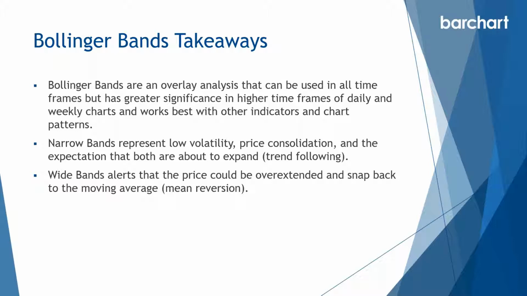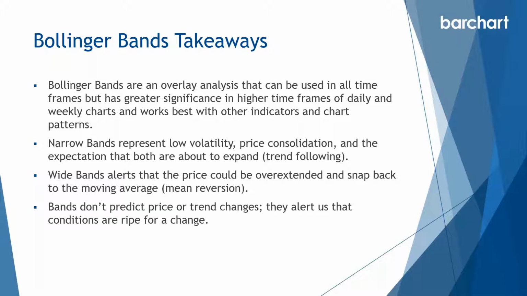Wide bands alert us that prices could be overextended and that we're going to get that snapback. We stretch the band too far and price is going to snap back to our moving average. Mean reversion type strategies. But remember, bands don't predict price or trend changes. They just tell us that the conditions are right for a change.